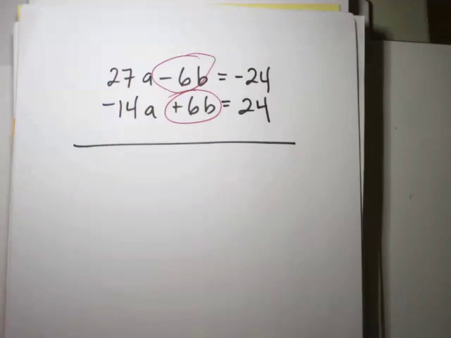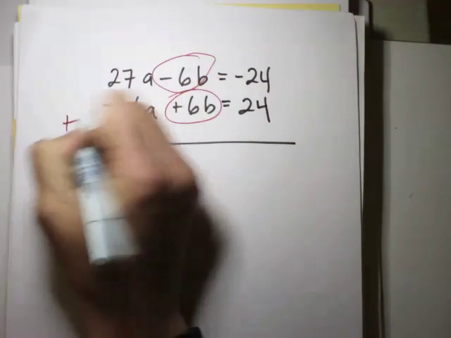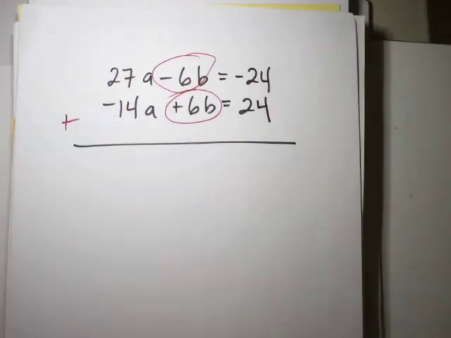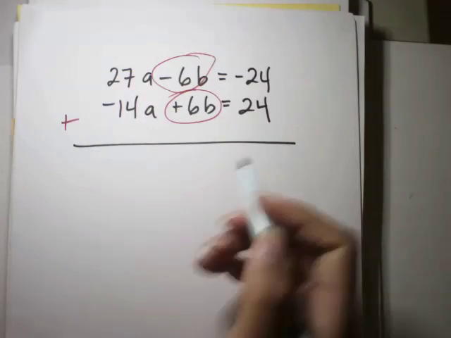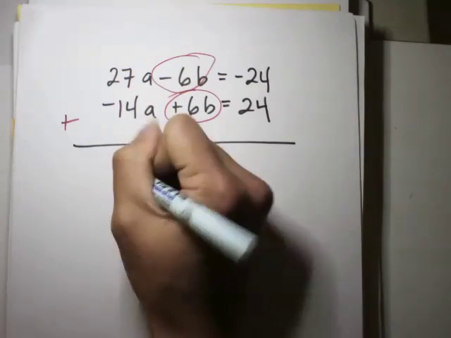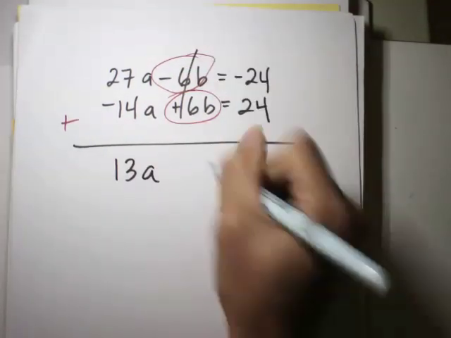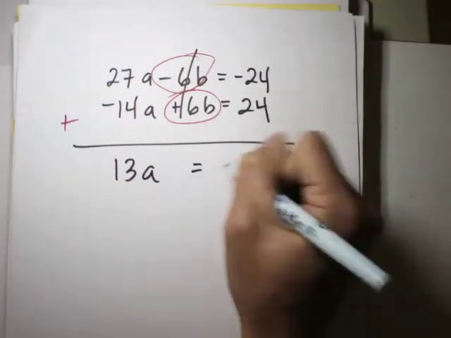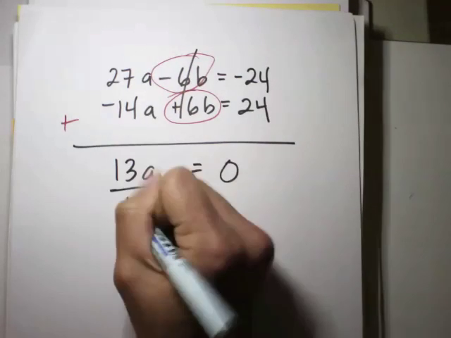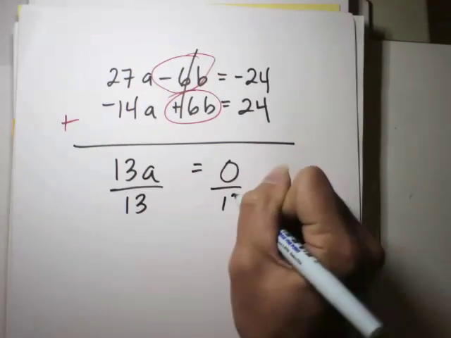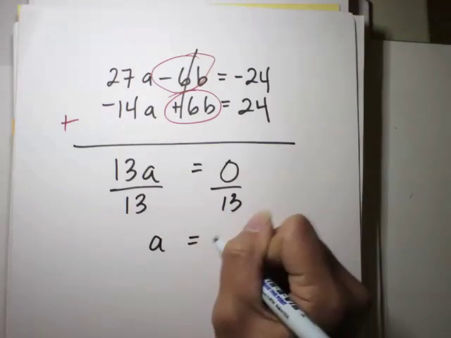And we know that when we add these, it will cancel out the variable b. We'll be left with 27a plus a negative 14a, which would give you 13a equals 0. Dividing by 13, a will be equal to 0.